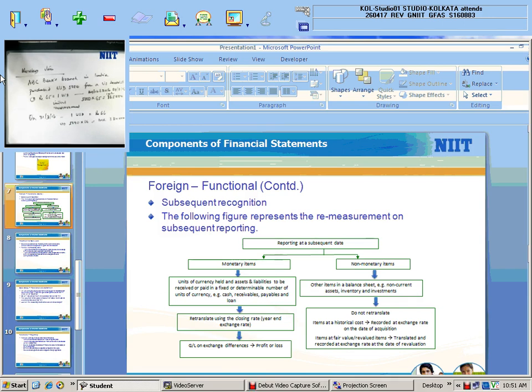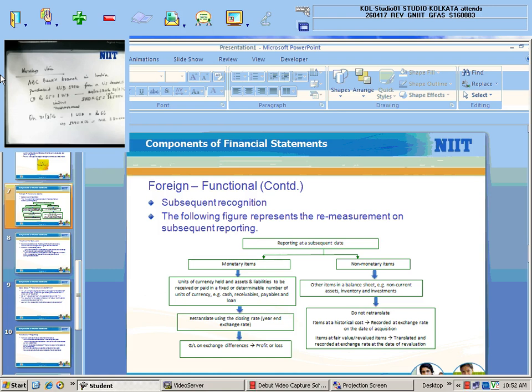But if it is a non-monetary item, like a non-current asset, like a dedicated server purchased by the Indian branch of the ABC Bank, what will happen? For non-monetary items, like non-current assets, inventory, investments, etc., we do not retranslate. Items will be maintained at historical cost, recorded at the exchange rate on the date of acquisition.